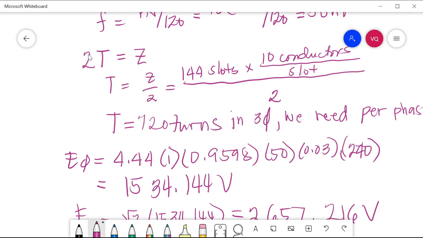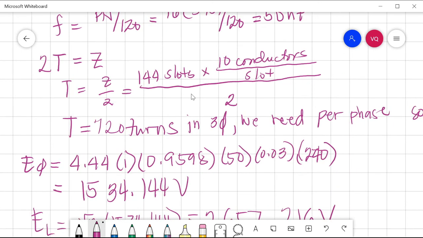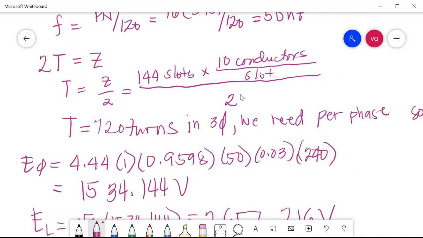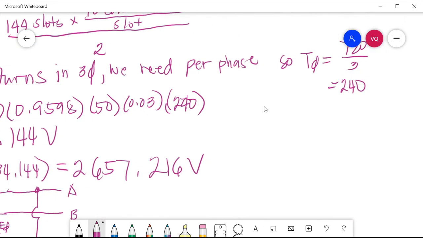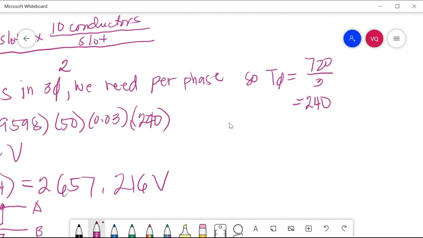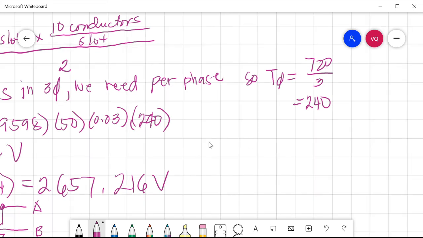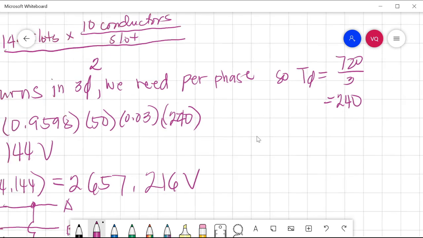From our formula, 2T is equal to Z, where Z is the number of conductors. So we have 144 slots times 10 conductors per slot divided by 2. So the number of turns in 3 phase is 720 turns. To get the number of turns per phase, T phase is equal to 720 divided by 3. That is equal to 240 turns.